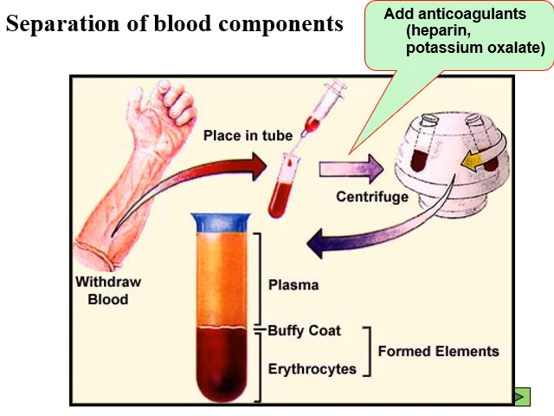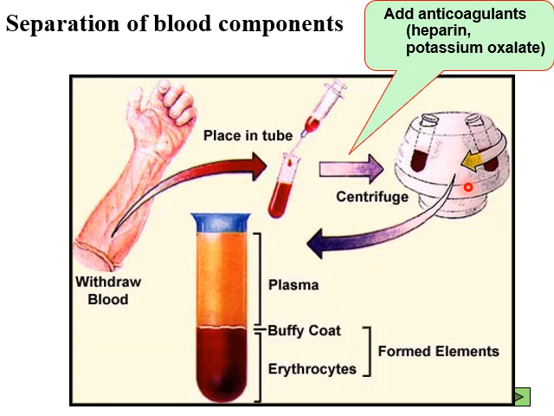You take out the blood and put it in a test tube, then add an anticoagulant, heparin or potassium oxalate. They prevent the blood from clotting. Now you put this unclotted blood in the spinner or centrifuge machine.